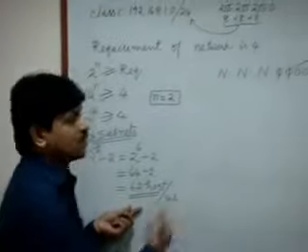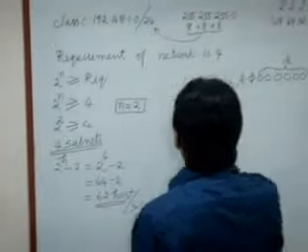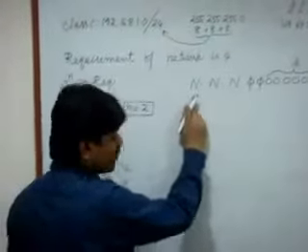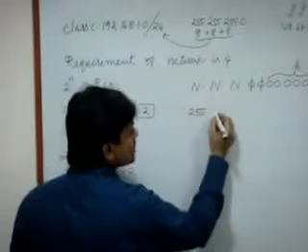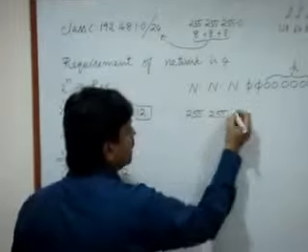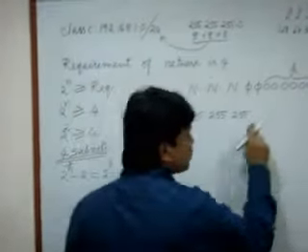Now we have to calculate the subnet mask. For the network portion, all ones we can write as 255. If you have all zeros, then you write 0.